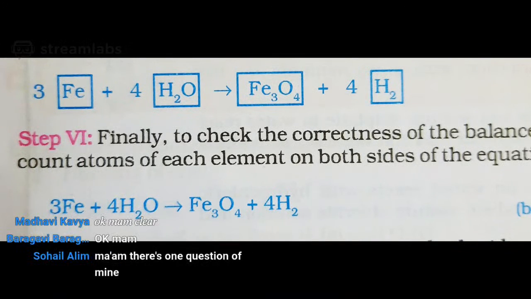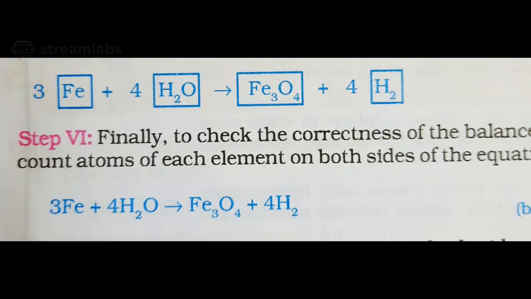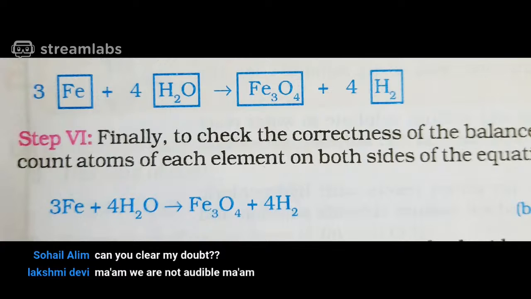When iron reacts with what? In this equation, the ferric oxide is Fe3O4. Then finally, now you count the number. 4 2s are 8, so 8 hydrogen are there at the LHS.